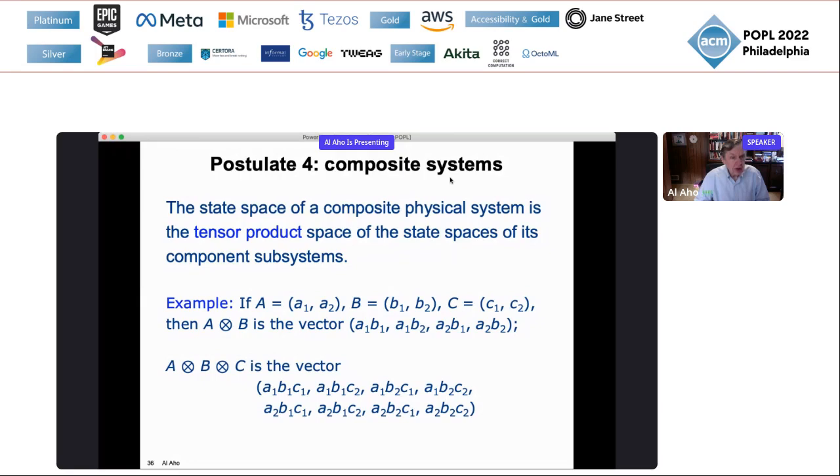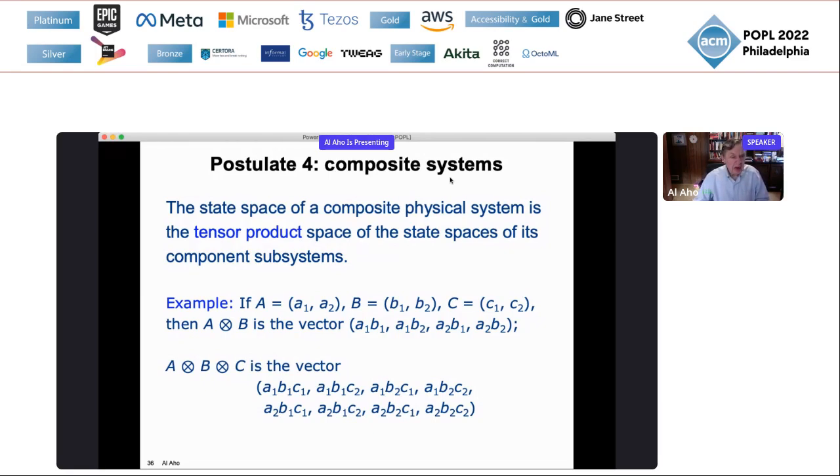If we take two-dimensional vectors A and B and take their tensor product, we get a 4-dimensional vector as a result. And if we take the tensor product of the 3 two-dimensional vectors A, B, and C, we get as output an 8-dimensional vector.